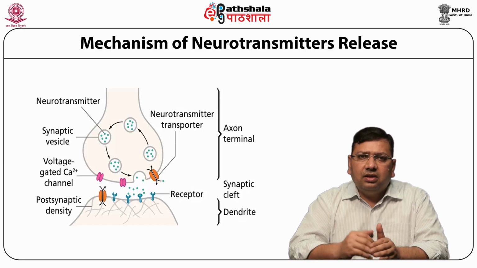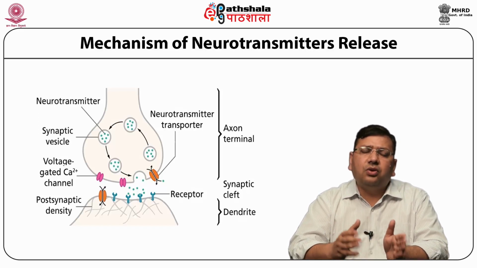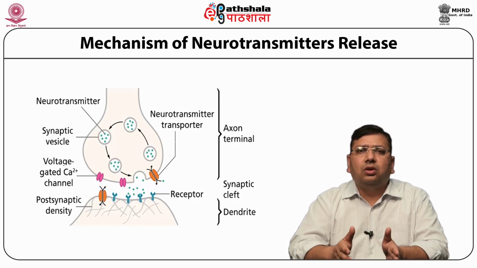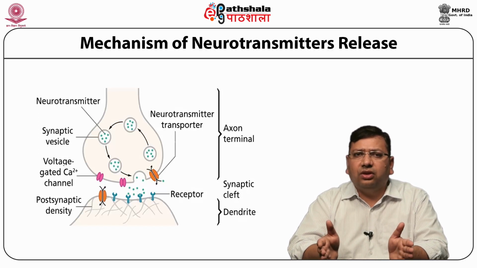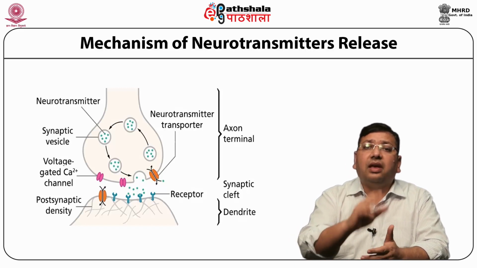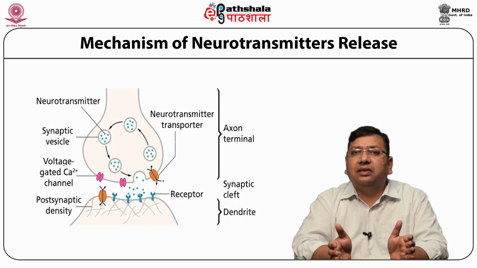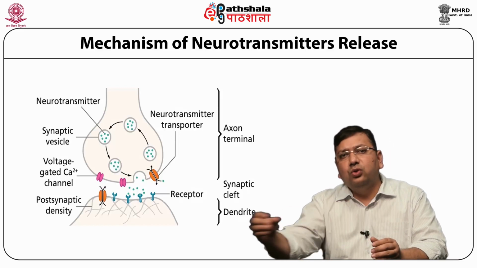Then the local calcium concentration near the synaptic vesicle rises from 0.1 micromole, which is characteristic of the resting state, to a level of 1 to 100 micromole after arrival of this action potential. Calcium ions then bind to the protein that connects synaptic vesicles with the plasma membrane and induce the exocytosis of neurotransmitter.